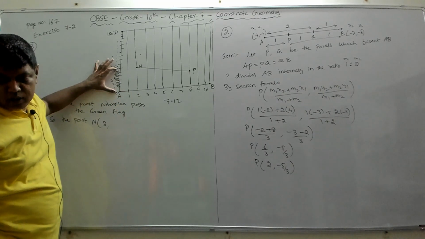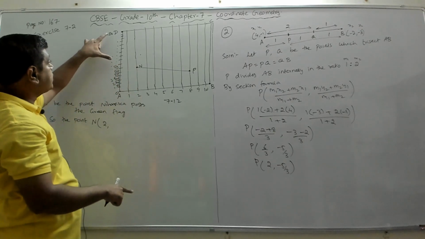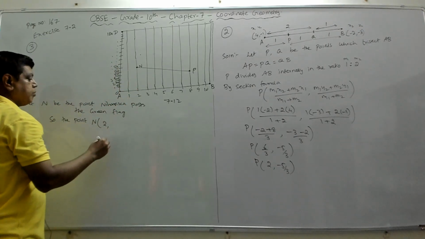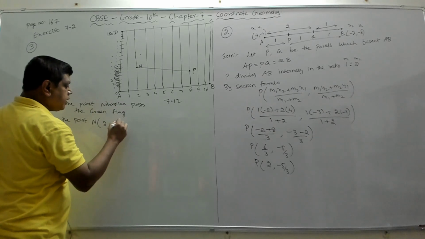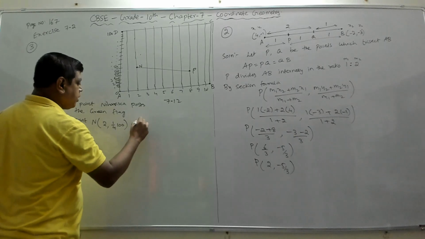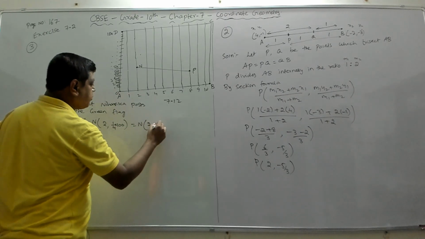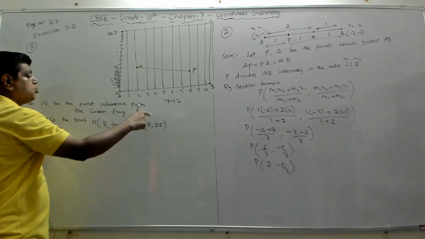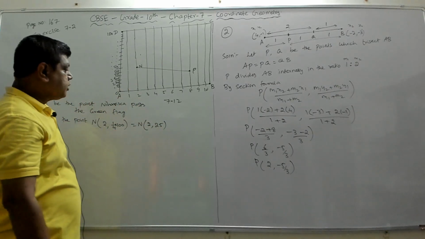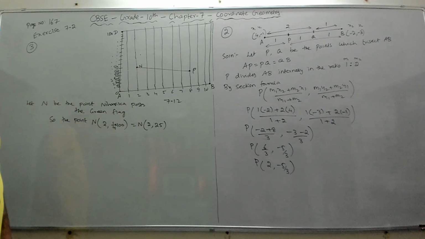It's given that Niharika runs 1/4 of AD. AD is 100. Which means your point N becomes 2 comma 1/4 into 100, which is 25. So the point N is 2 comma 25. So that is where Niharika posts the green flag.